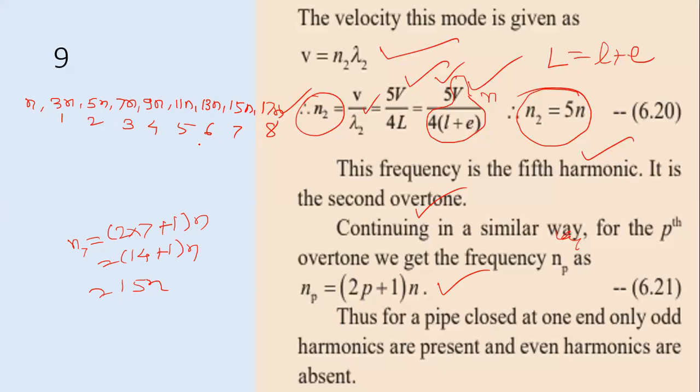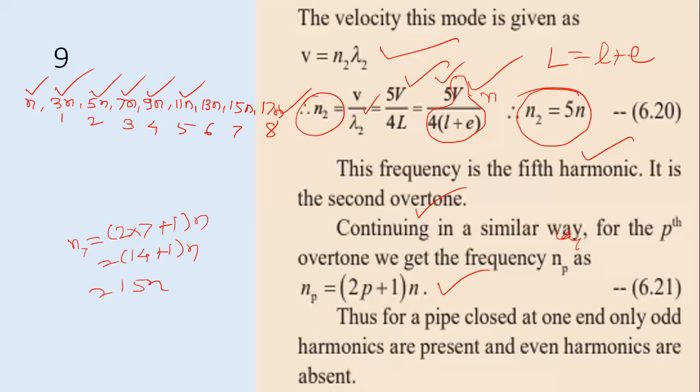These are the different overtones. The first frequency is the first harmonic, this is the third harmonic, fifth harmonic, seventh harmonic, ninth harmonic, 11th harmonic. Thus, this air column vibrates with only the fundamental frequency and all of its odd integral multiples. That is, it vibrates with odd harmonics and does not vibrate with even harmonics.